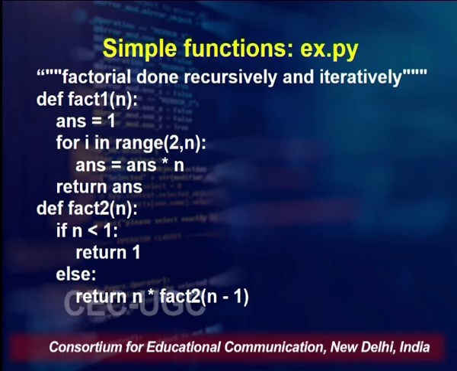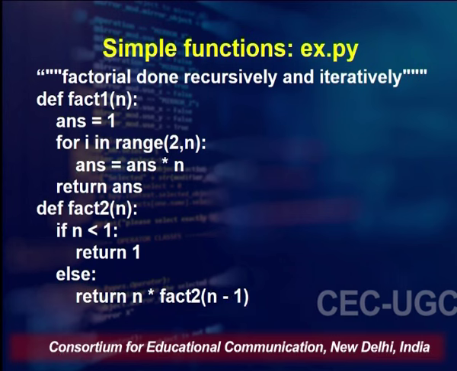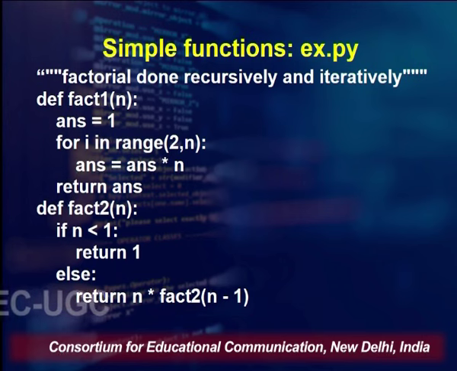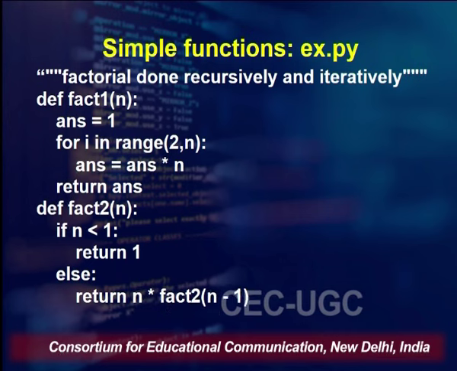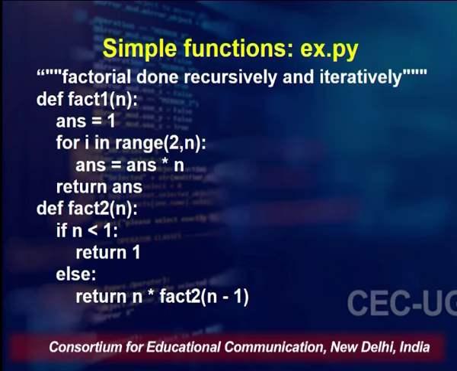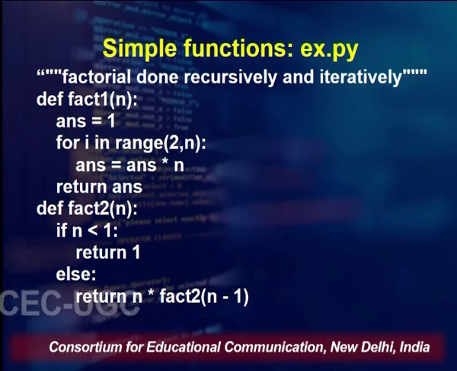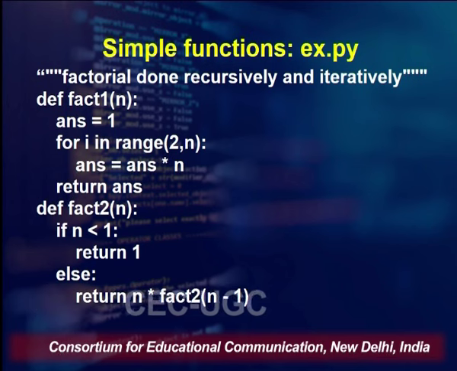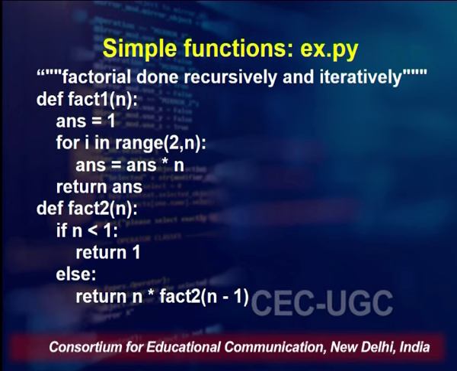We are using the three quotes sign for the comments here, and then we create an iterative function and call it fact1, using the normal for loop. Of course, we will talk about the syntax of these statements later on, but at this juncture we are only looking at how the code is going to be written.